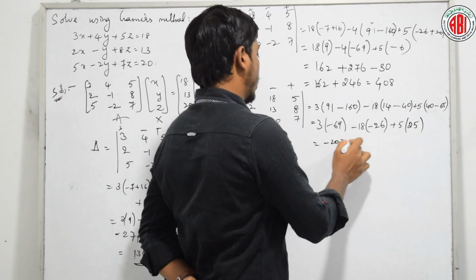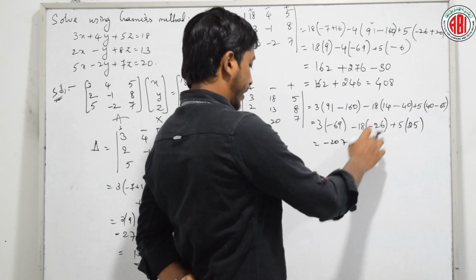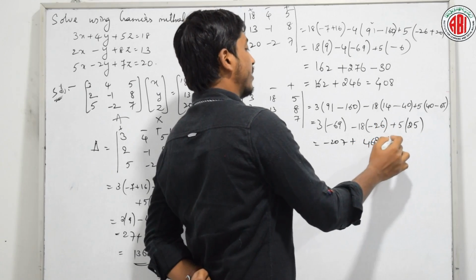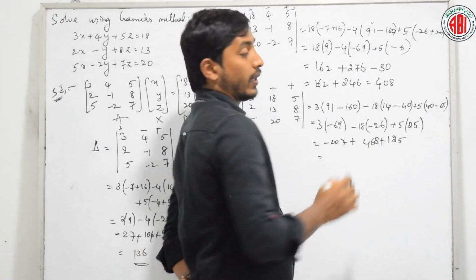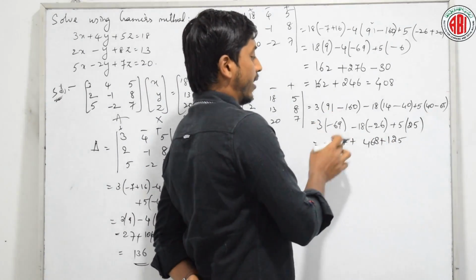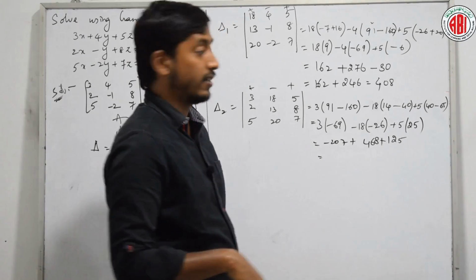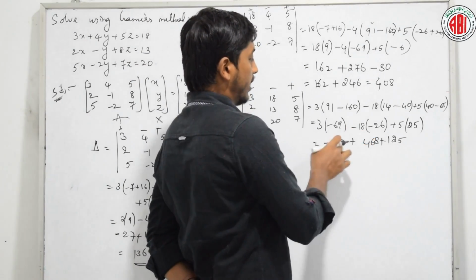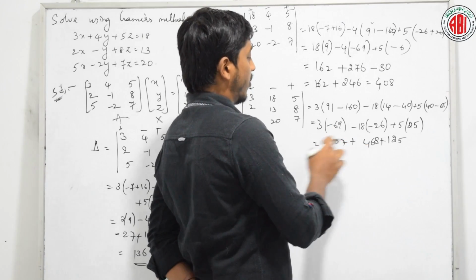That is minus 207. Minus into minus plus, 18 into 26 is 468, plus 5 into minus 25 is minus 125. Is it right? Then now add these both and subtract 207.